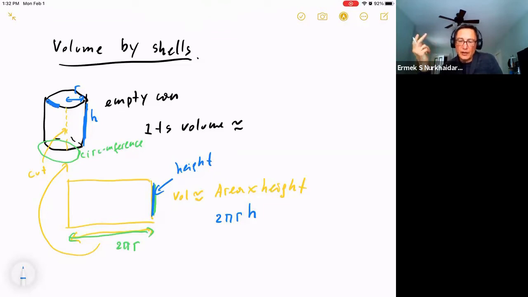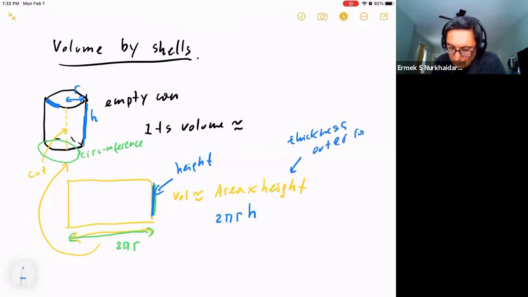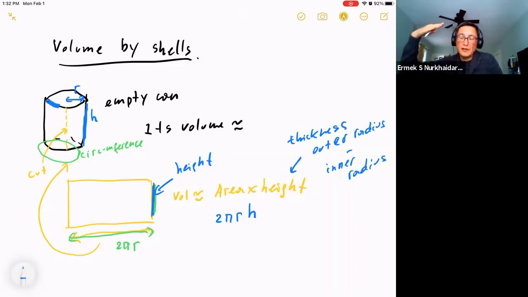So the height is the thickness, which is outer radius minus inner radius. We're going to use delta r for it. So that's the volume of a shell.